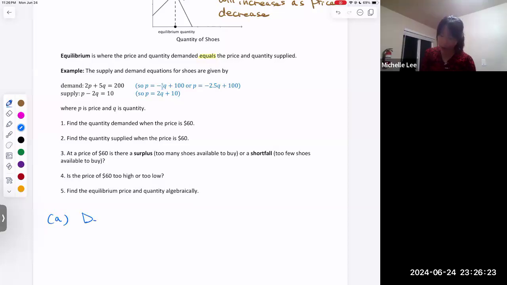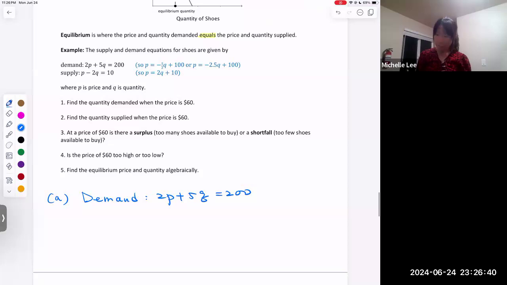Okay, so demand equation, we have 2P plus 5Q equal to 200, right? We can use that, or they already calculated, so this is better: P equal to negative 2.5Q plus 100, right?